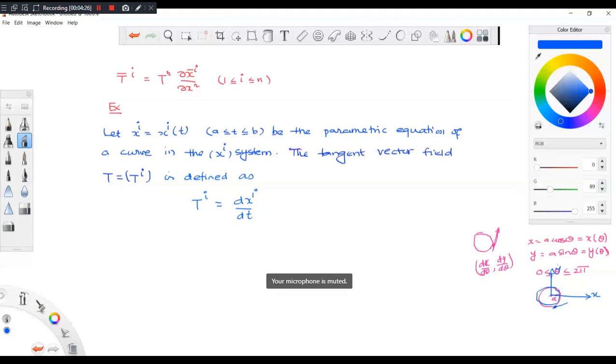If I take any point here, then this is the tangent. What is the equation of the tangent? The vector equation will be, you take the first component. Any point you take, this point is xy. The tangent there will be dx by d theta and dy by d theta. So this is the tangent.